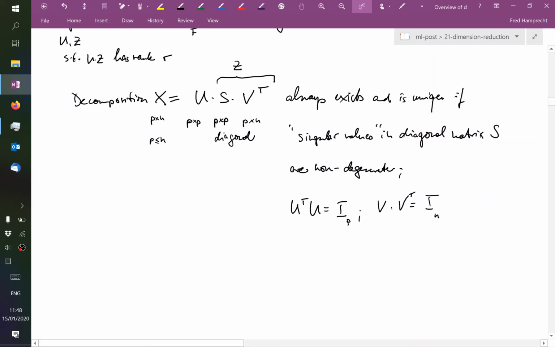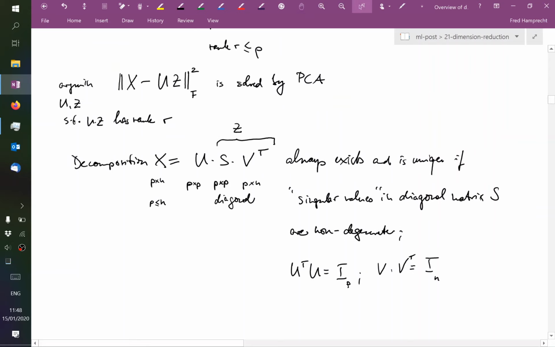Okay, and now we can look at this optimization problem. I could also say that we want to argmin X minus some approximation to X, such that the rank of X tilde is R.